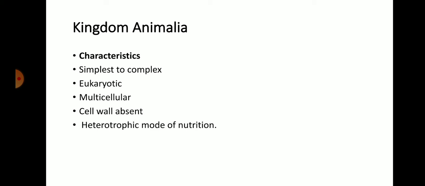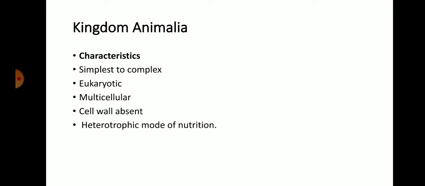Third, the cell wall is absent. Basically, the cell wall is made up of cellulose, which is present in kingdom Plantae. It is a basic character of kingdom Plantae, but the cell wall is absent in kingdom Animalia. So animals don't contain a cell wall. And the last one, their mode of nutrition.